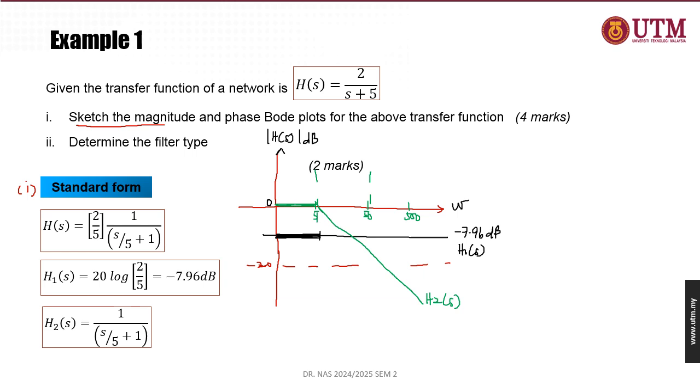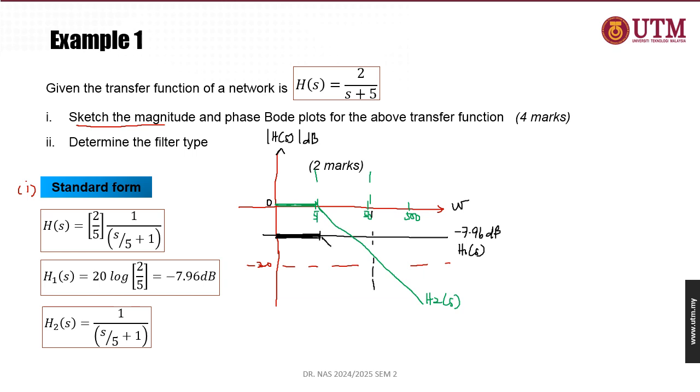So you can see that at this position at 50, it is 7.96 minus about 20, so it's 27 or something.